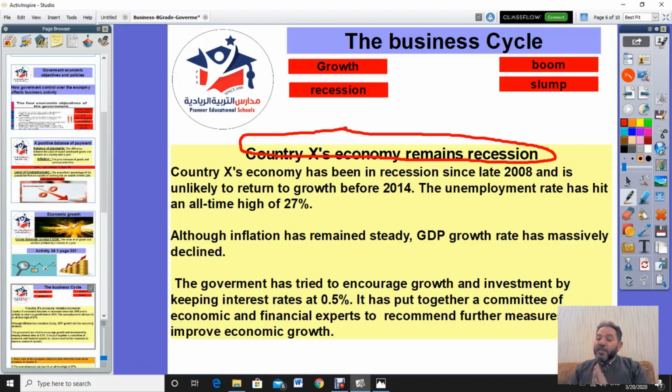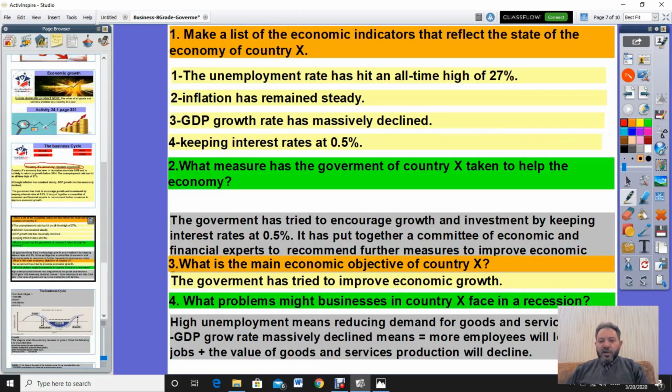It has put together a committee of economic and financial experts to recommend further measures to improve economic growth. The first question is to make a list of economic indicators that reflect the state of the economy of the country.